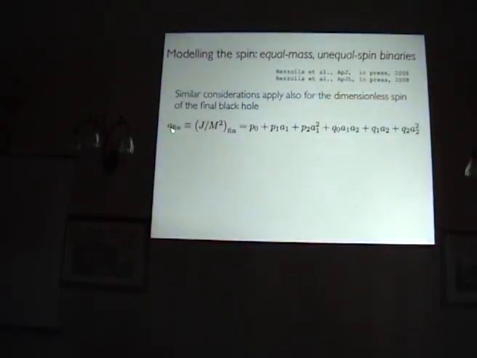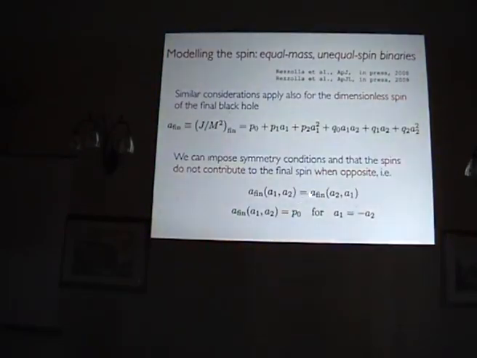We define a as J over M squared, the final spin, and then you say, well, let's just model it as a quadratic function again. And again, you impose conditions, like you can swap the black holes, and then there's this other condition here: if the two black holes have the same spin but they are opposite, then this quantity has to give you a constant. This is coming from the fact that we know it is the same constant when we have non-spinning black holes.